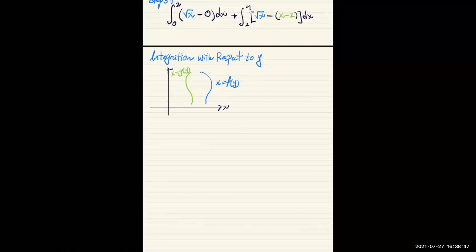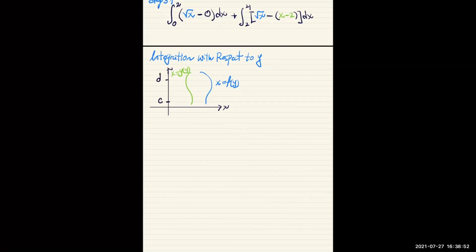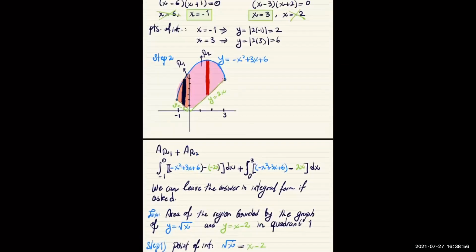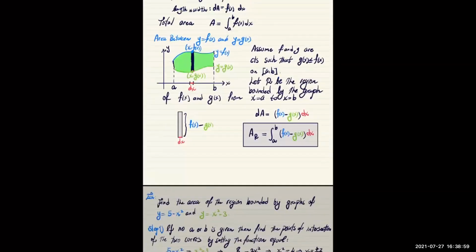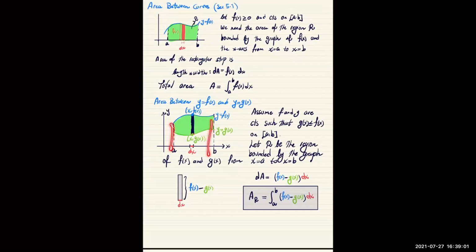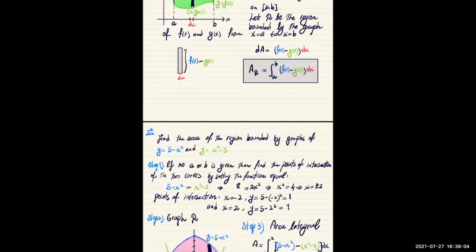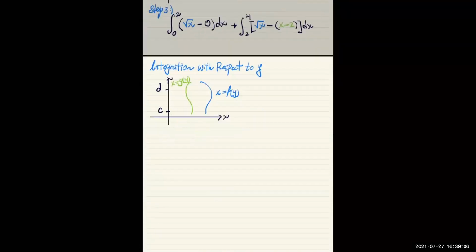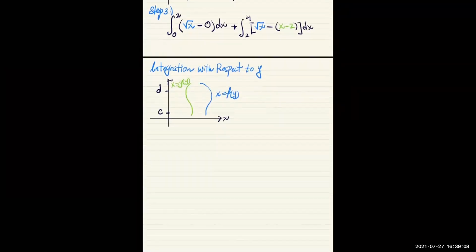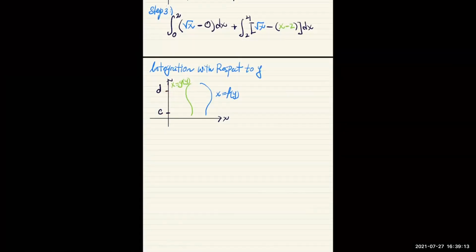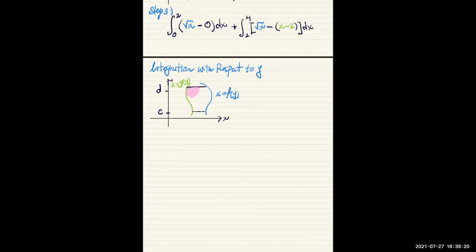And assume that y goes from C to D. I'm not going to use A and B because I used A and B when I did integration with respect to x, from x equal to A to x equal to B. Since I'm doing integration with respect to y, I'm going to call my y values y equal to C and y equal to D. So let's say this is the region.